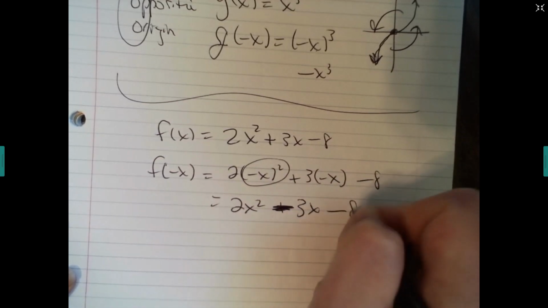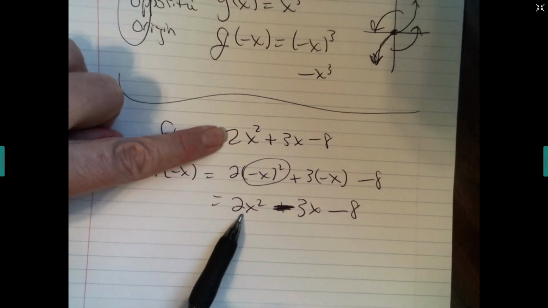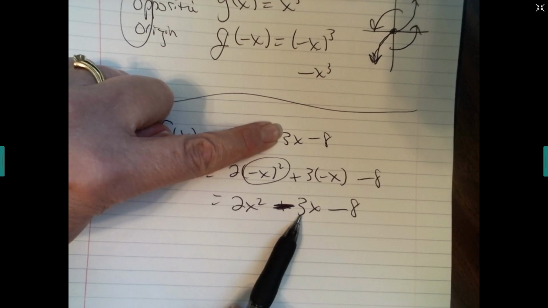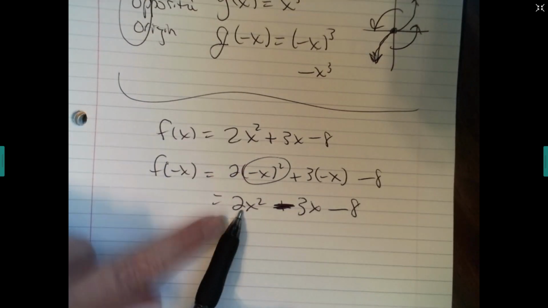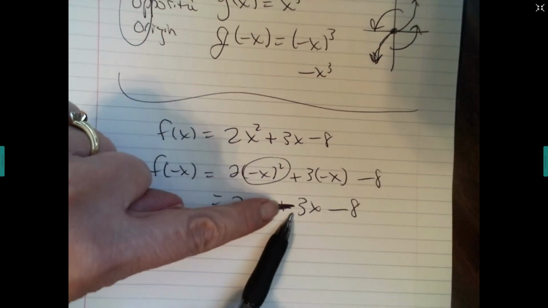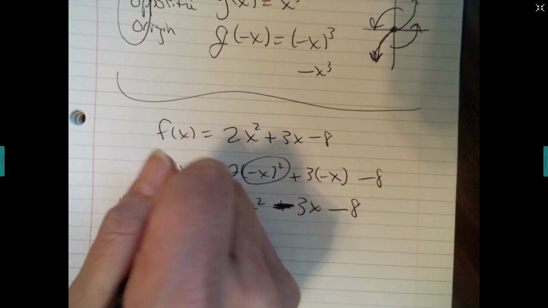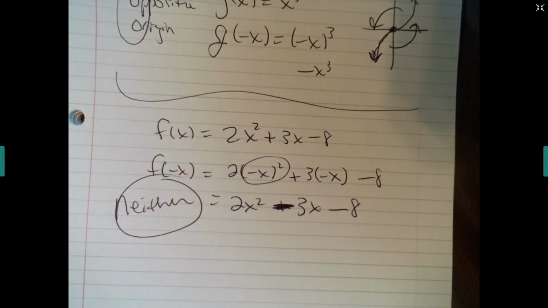And then minus 8. Okay, so if you look, these are the same. This is the same, but this is different. If I opposite this, I get a negative here, I get a negative there, and a positive there. So it's not the opposite, and it's not identical. So this is neither. It's not going to have symmetry around the y-axis or the origin.